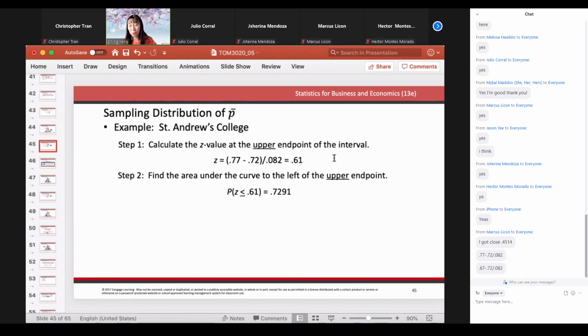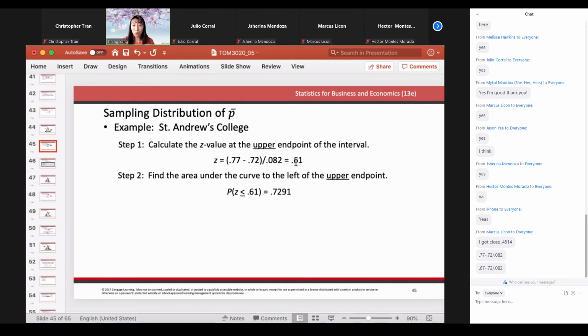Okay, so we get to do exactly the same thing, right? Calculate the Z, map it to the Z table. So for the upper limit, like Marcus posted, we use 0.77 minus 0.72 divided by 0.082, right? Sample proportion minus population proportion divided by standard error.